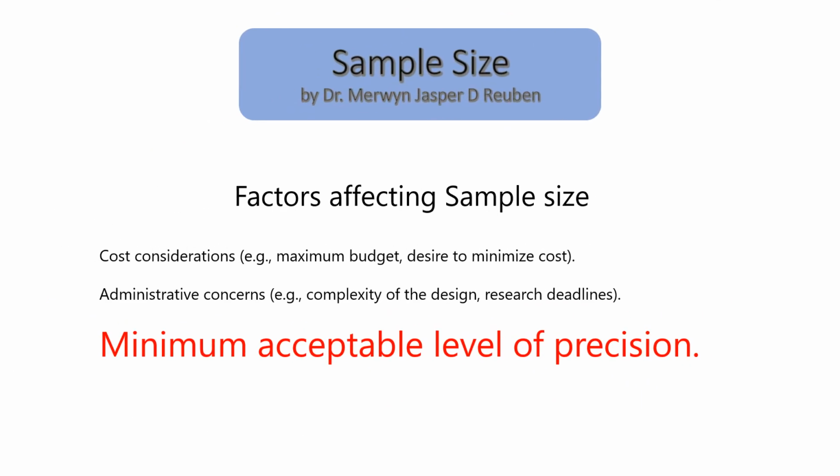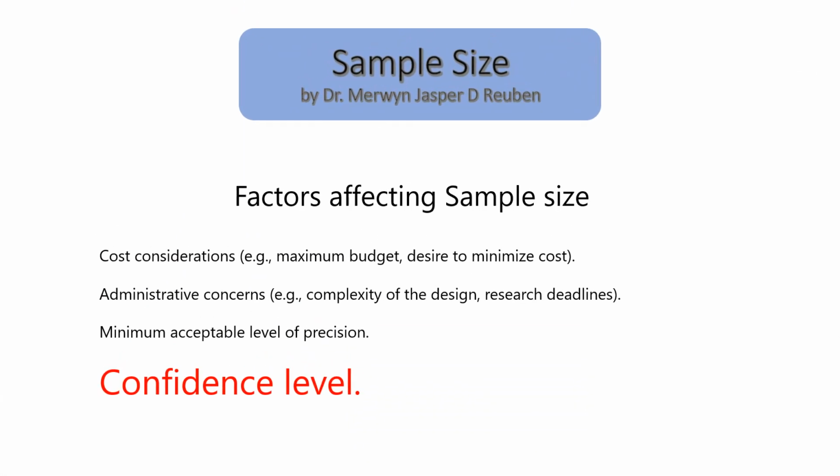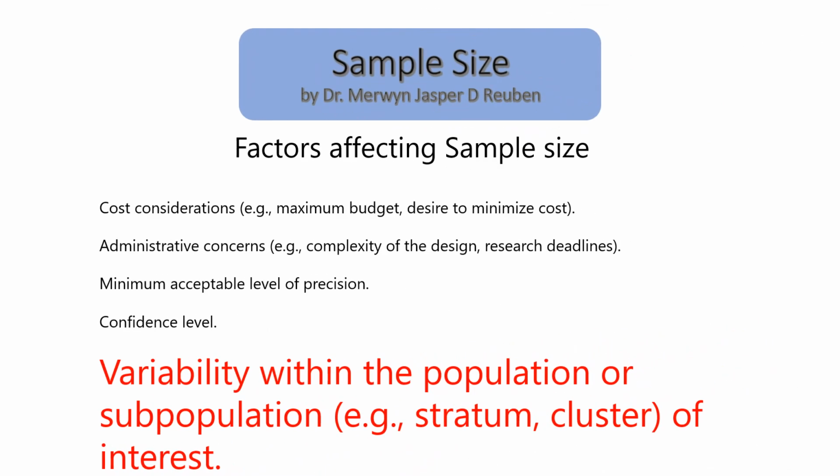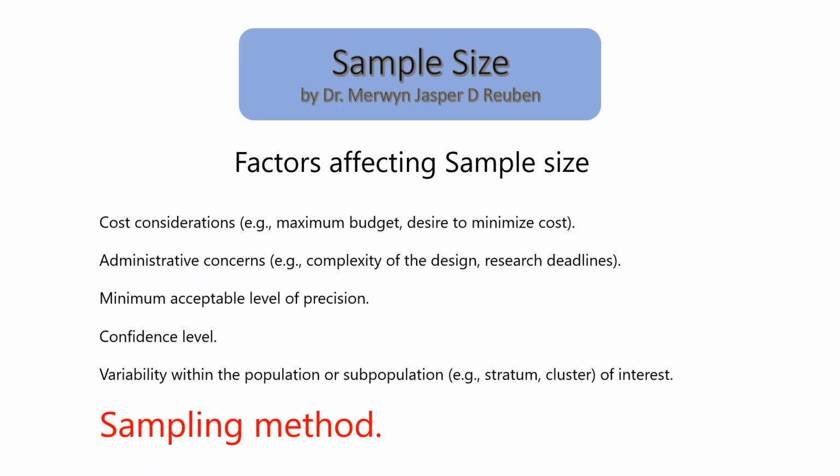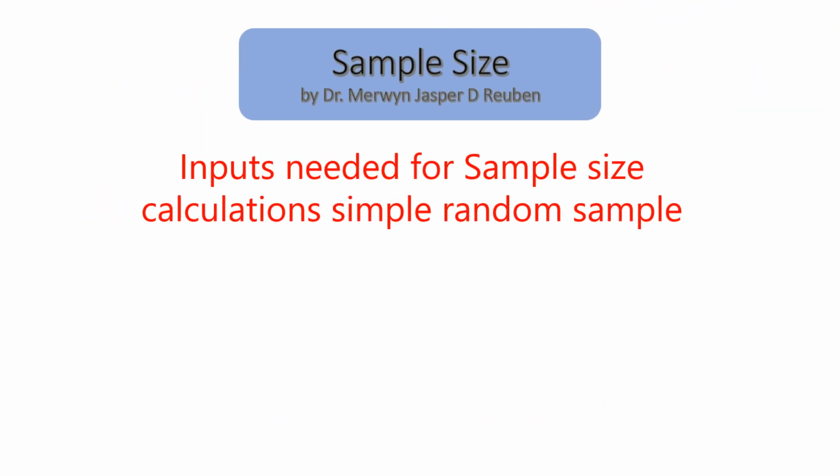The next one is the minimum acceptable level of precision. Next, the confidence level. Next, the amount of variability within the population or a subpopulation of interest, for example, the stratum, the cluster, and so on. Next, the sampling method.